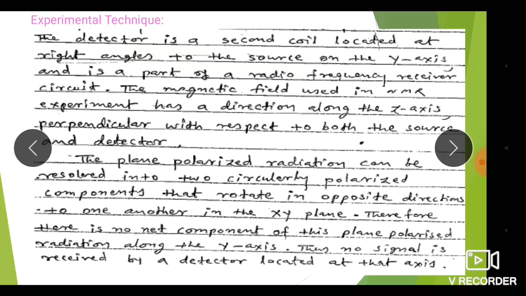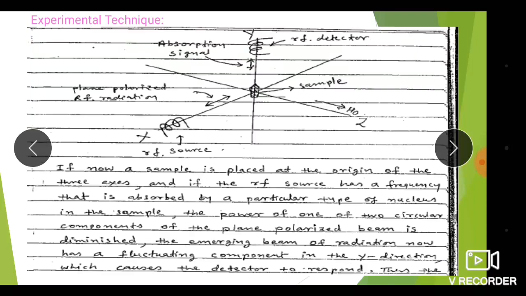The plane polarized radiation can be resolved into two circularly polarized components that rotate in opposite directions in the xy plane. Therefore, there is no net component of this plane polarized radiation along the y axis, and thus no signal is received by the detector located on that axis.